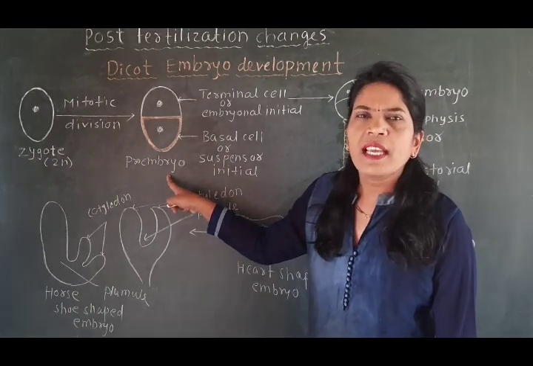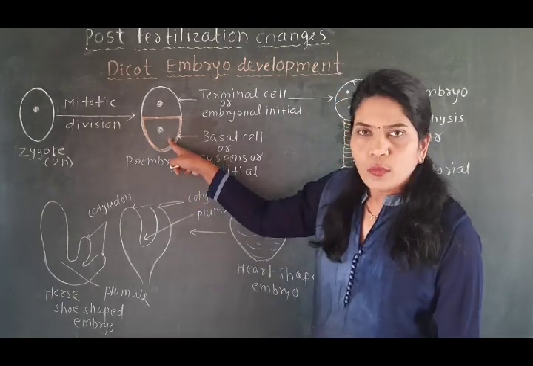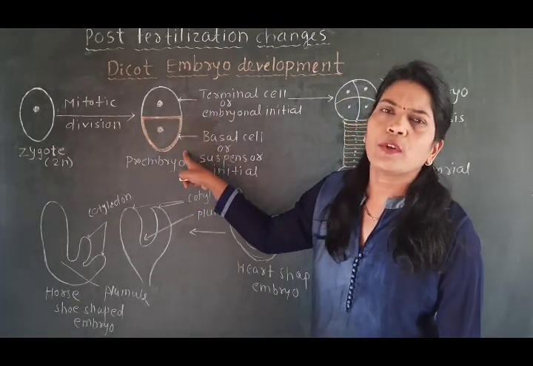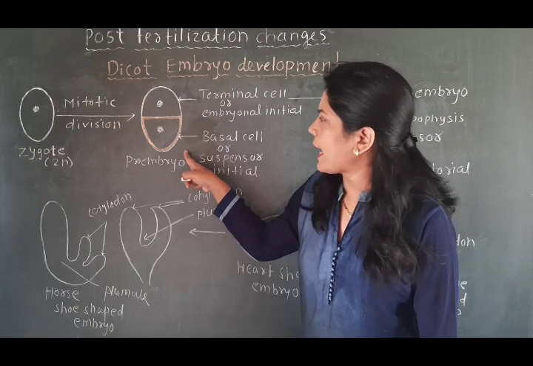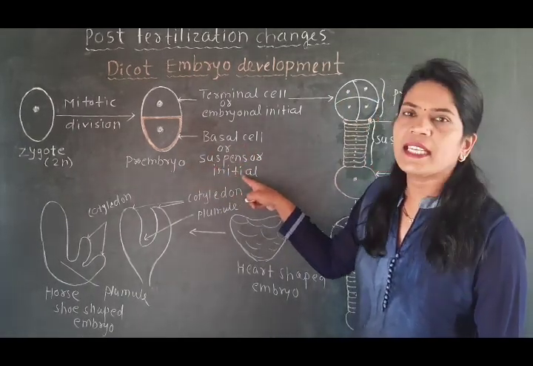See here, which are the two cells of this proembryo? One cell which is near the micropyle end is called the basal cell or suspensor initial cell.